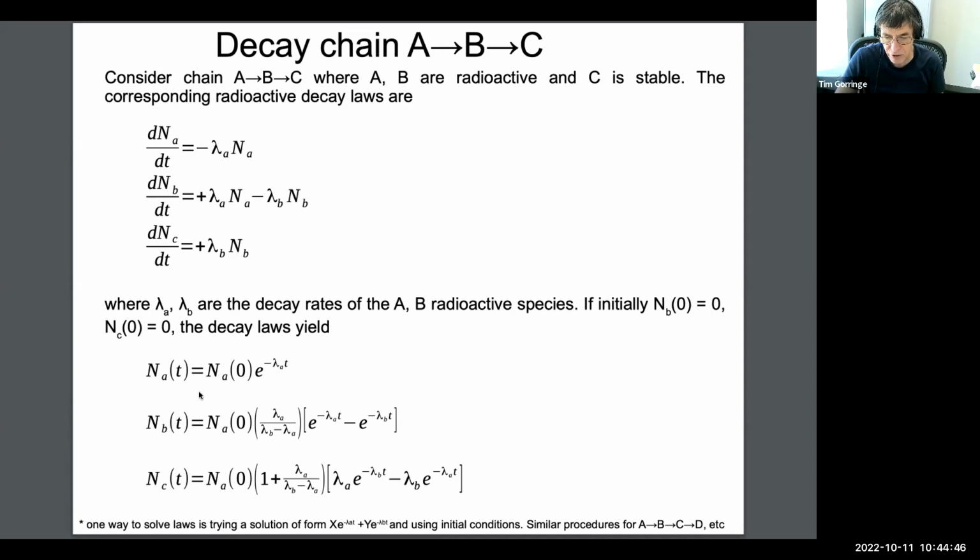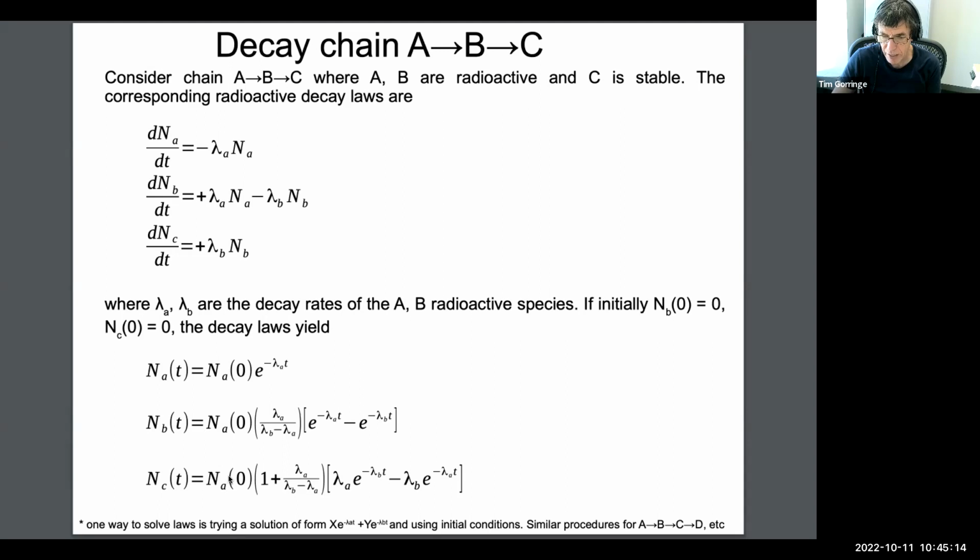Based on those initial or boundary conditions, you can integrate the differential forms to get the integral forms, and you get these three equations for the time dependence of the number of atoms A, atoms B, and atoms C. Over here on the right-hand side of these equations, you see a common factor. That's the number of atoms A that you started with.